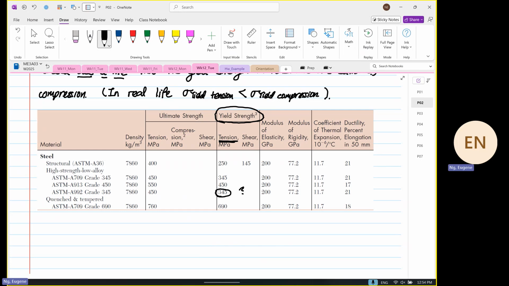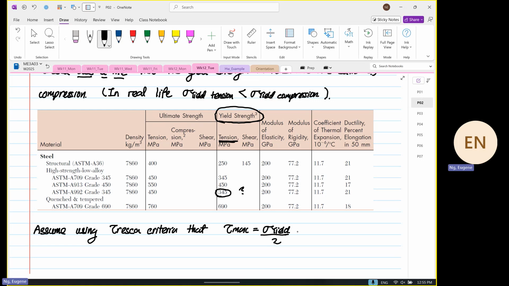So you can assume, using Tresca criteria, that the maximum shear stress will be equal to the normal stress yield divided by 2.